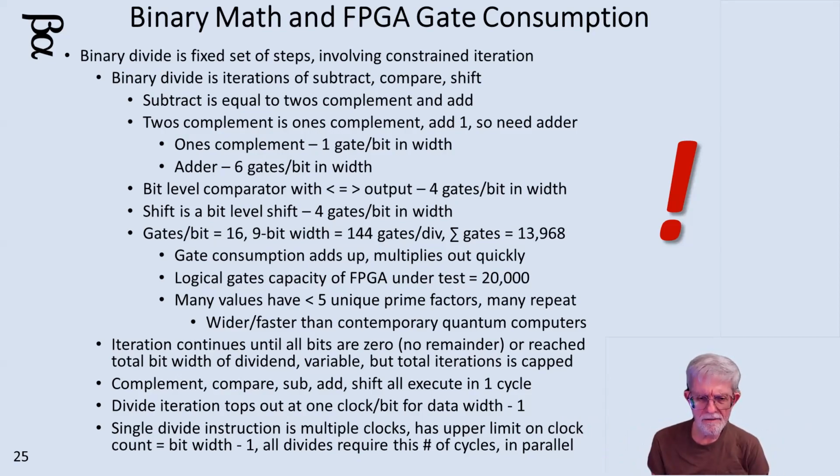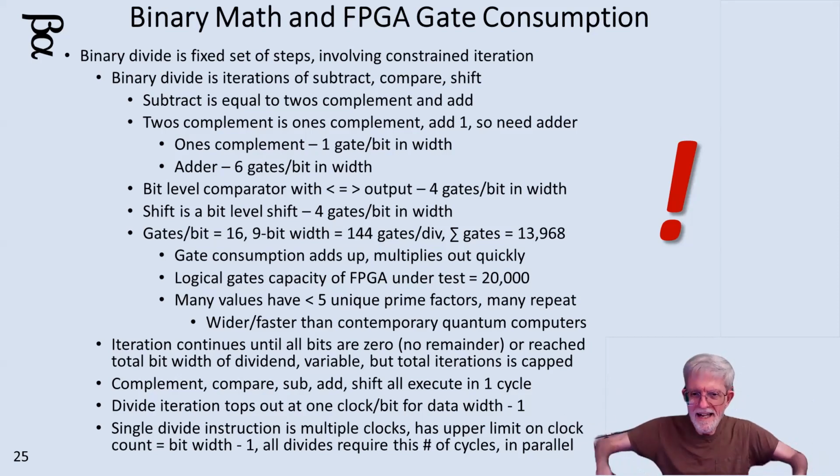Many of these prime factored values have less than 5 prime factors. Many of them repeat. So once I get one row, I can put the data in, execute a row in one cycle, very fast, take that data out, create another set of data in, flip it again, do another divide.